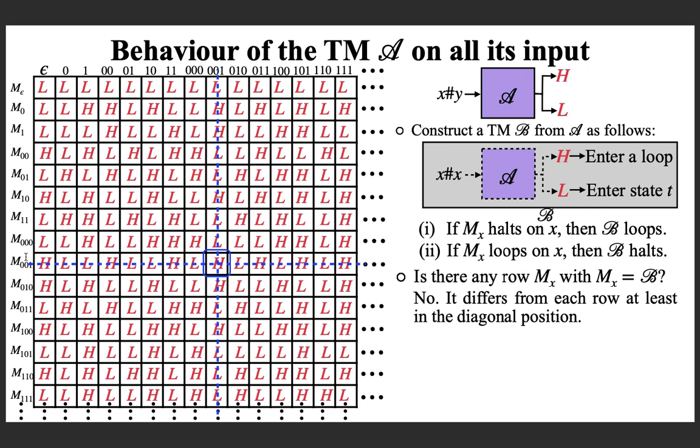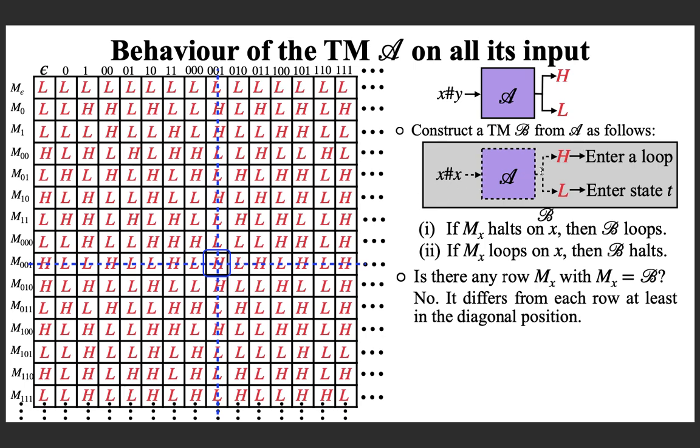Mx is the Turing machine given as input, as the binary encoding of the Turing machine is 001, so the machine is Mx, M001. And what is the second string? It is the unencoded binary input, which is 001. So actually we are giving the diagonal case as input to the Turing machine M.